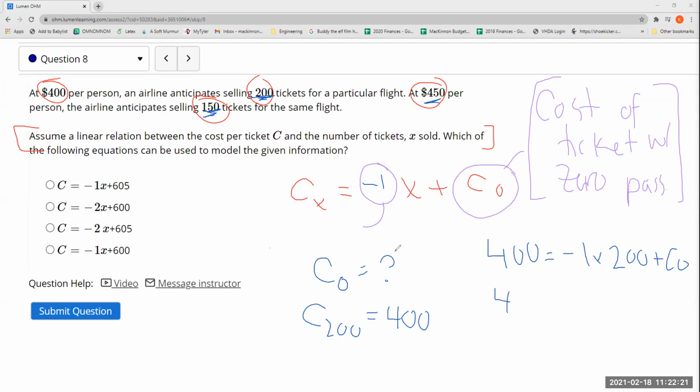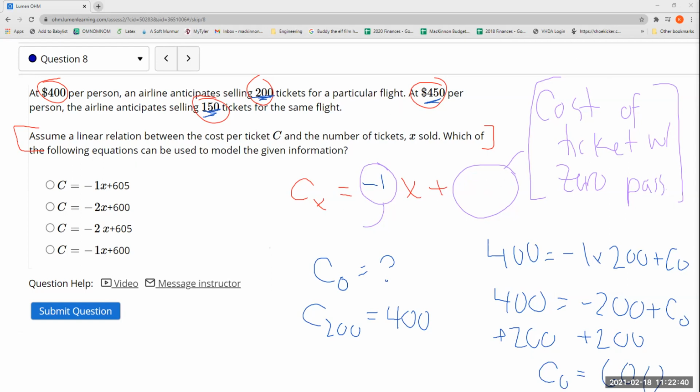So I get 400 equals -200 plus C0. I'm going to add 200 to both sides. And I get that C0 is equal to 600. Great, dandy, done.